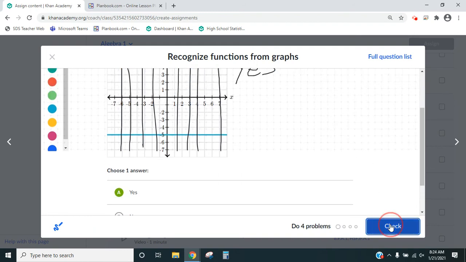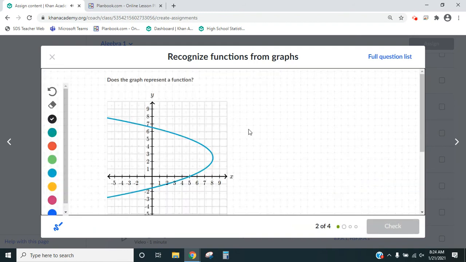Now let's try a different one. If I draw a vertical line anywhere, you get my point, right? There are two different locations when x is -2. So this fails.